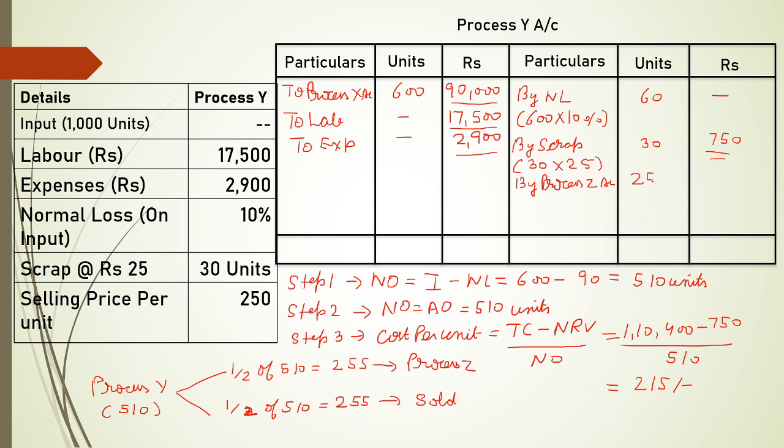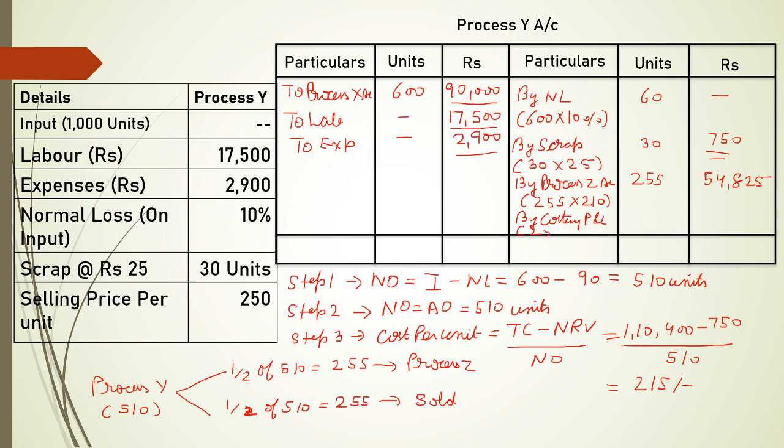The number of units is 255, which are transferred at the price of this process, which is 210 rupees per unit. So in the amount column, 54,825 rupees, and the balance output is transferred to costing P&L for sale by costing P&L account.